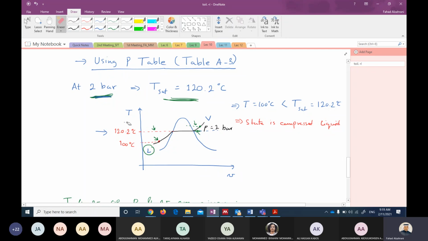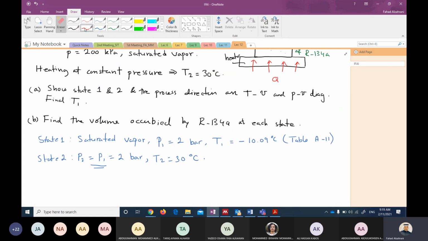Let me do it here. This is the T-v diagram, and we will draw it. This is my constant pressure line, and this is my saturation temperature, which is minus 10.09. My given temperature is higher. That means it must be what?